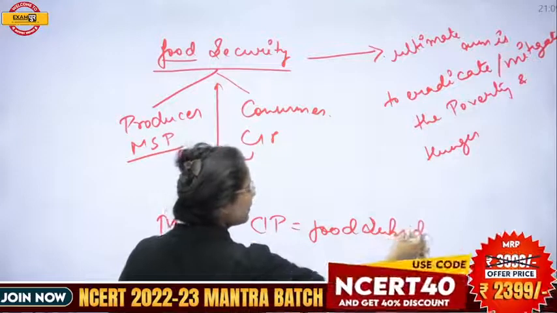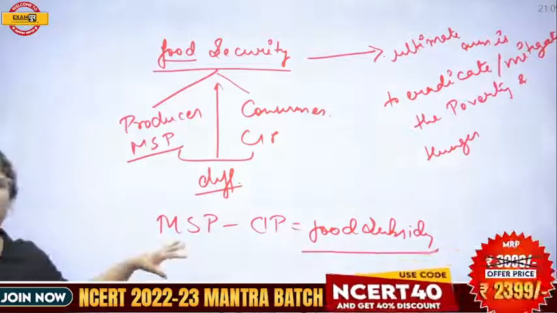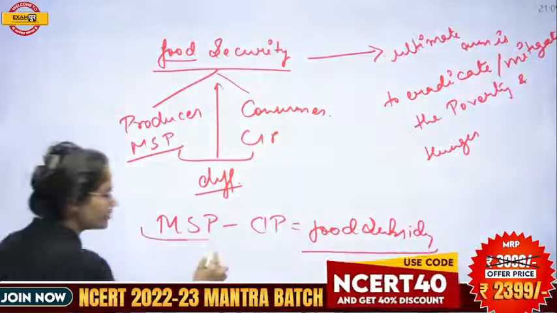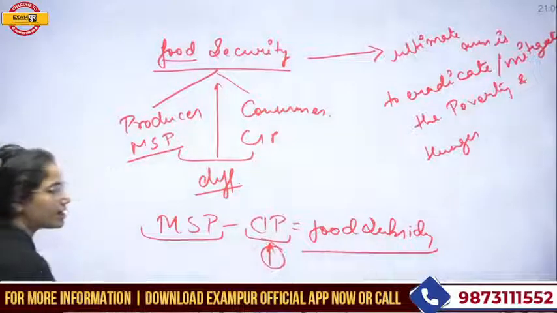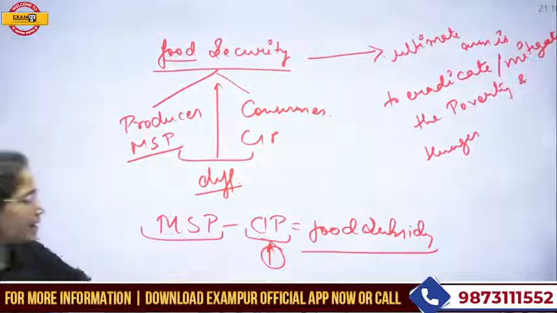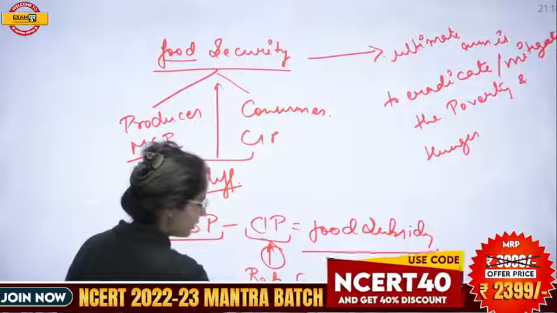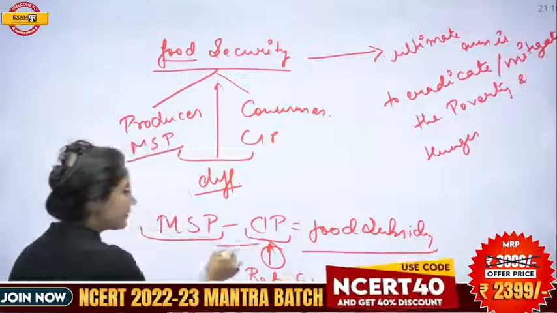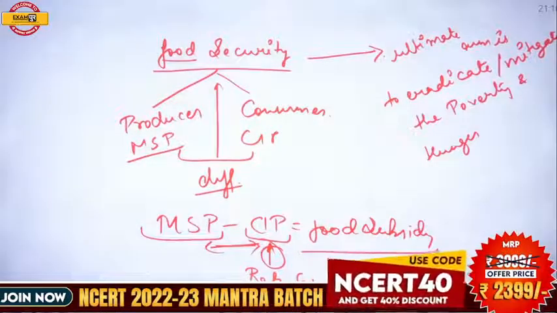This is the basic difference between them. If you are asked what is the basic difference between the MSP, that has to be provided to the farmers, and the rate we are charging, these are the minimum prices we are charging from the ration card. And whatever is the difference between these two terms, that is food subsidy.